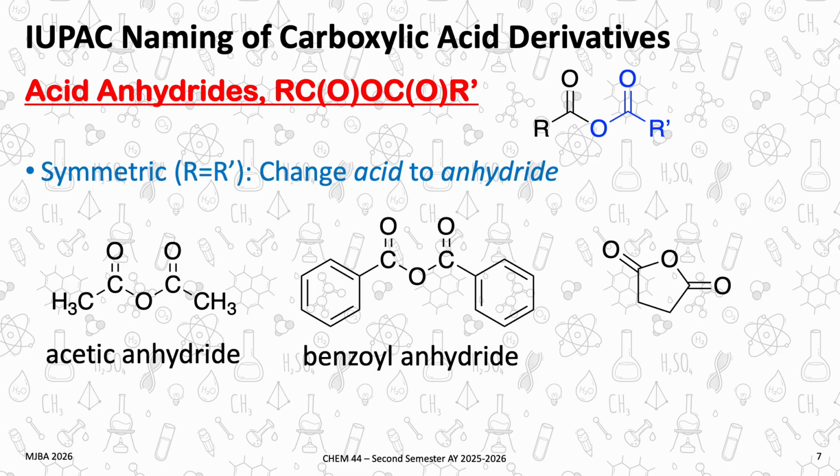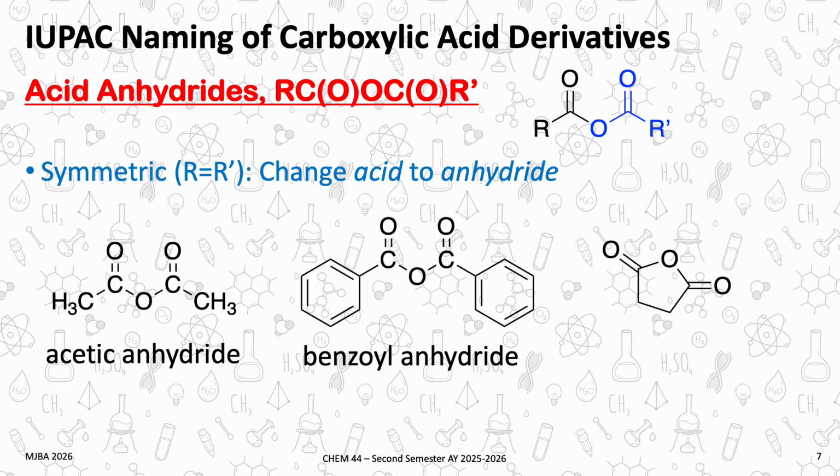And then, this is not a lactone. Okay? It is an anhydride that comes from a carboxylic acid, or a dicarboxylic acid to be specific. And the dicarboxylic acid has 4 carbon atoms on it.